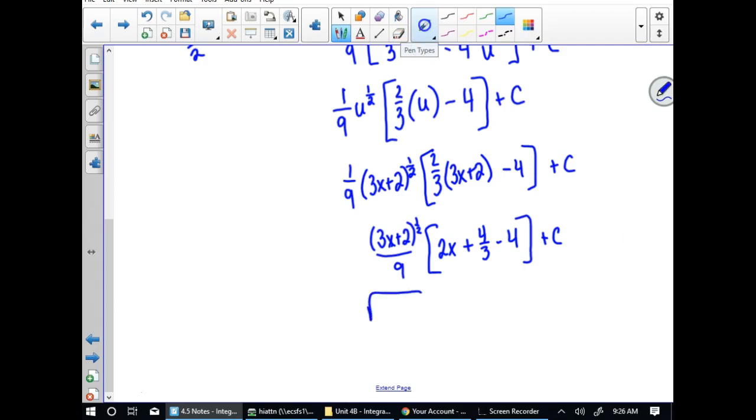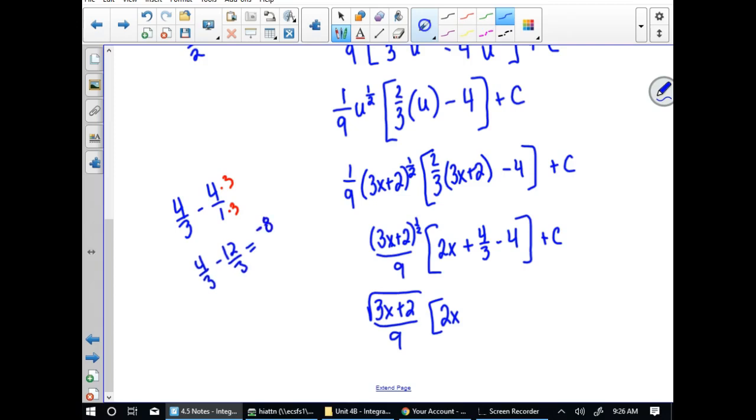The square root of 3x plus 2 over 9 times 2x and 4/3 minus 4 over 1, you would multiply by 3 there. So you have 4/3 minus 12/3, which would give you negative 8/3.